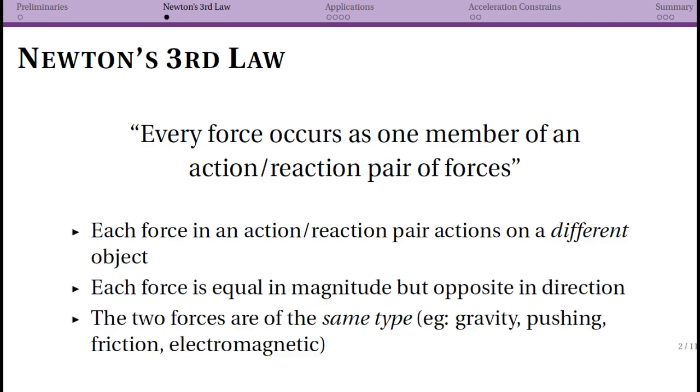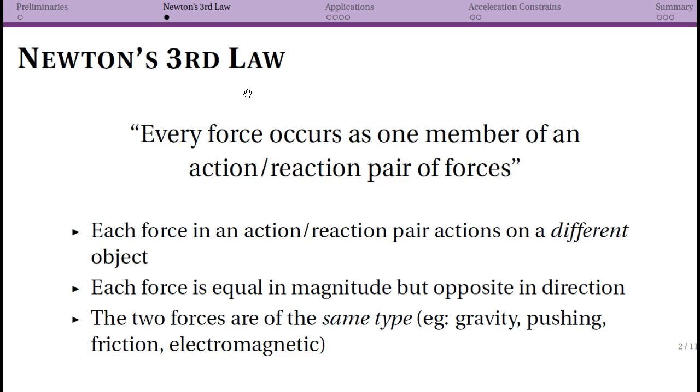So, Newton's third law. What is it, even though we've been using it? The quote, if you will, is that every force occurs as one member of an action-reaction pair of forces. The classic phrasing is something along the lines of, for every action there's an equal and opposite reaction. The book doesn't care for that phrasing, and neither do I, because our action-reaction pair of forces is symmetric.